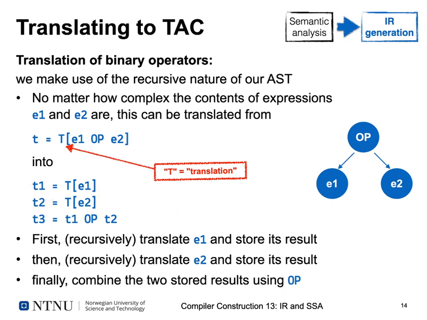and finally we can take the results of these two temporary variables, so the results of actually translating our two partial expressions, and combine them using the operator that was specified here, and finally store the result in another temporary variable T3 to combine the two basic results.